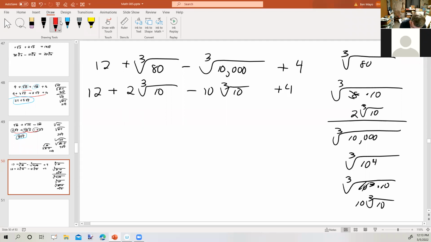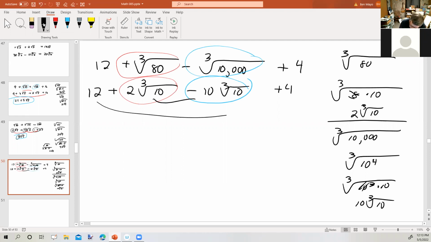So again, this simplifies into that. This simplifies into that. And now these two are like terms. So I've got 12 plus 4 is 16, and then plus 2 cube roots of 10 minus 10 cube roots of 10 is minus 8 cube roots of 10.